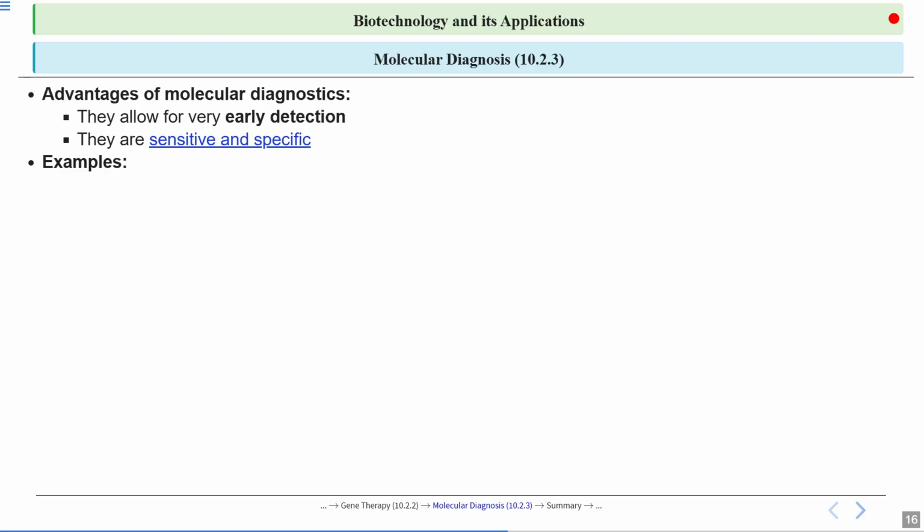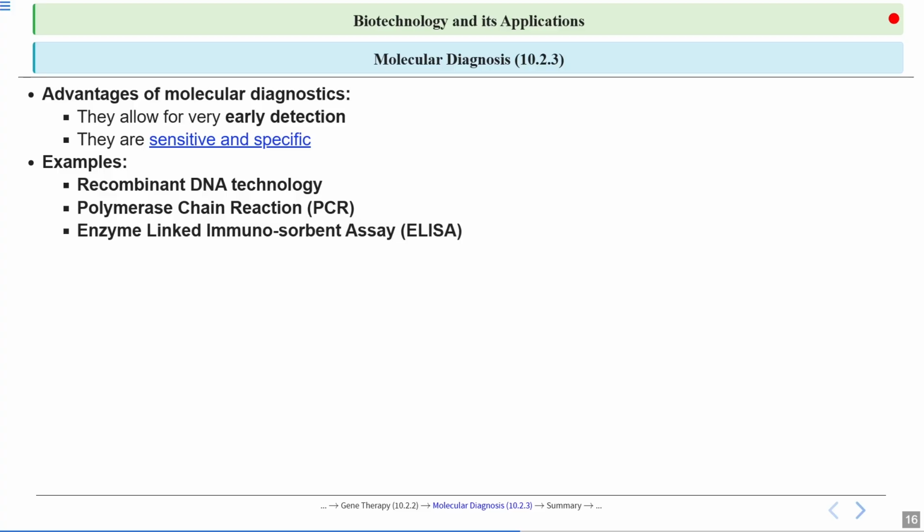No, if they are saying that this pathogen is present in this human, it means it is present. So what are the examples of molecular diagnosis? Recombinant DNA technology, polymerase chain reaction, and enzyme linked immunosorbent assay, which is called ELISA. The first two we have already studied, and we're going to talk about them in coming slides also. The third we will study for the first time, I think.